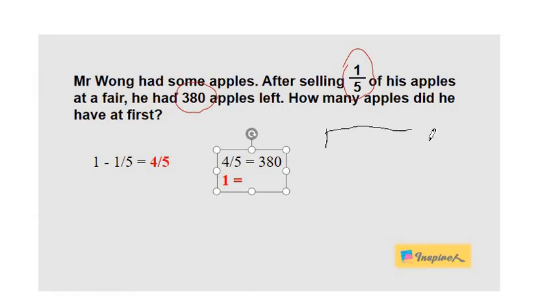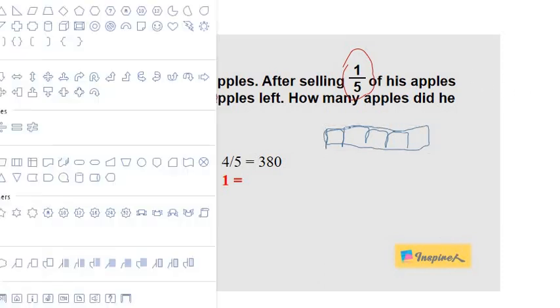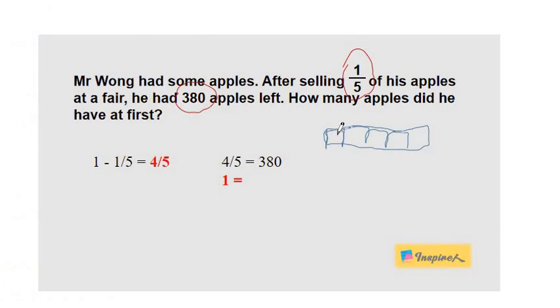So you break it up into 5 parts. 1, 2, 3, 4. Alright, we have 5. And out of this 5, 1 he has already sold. 1 out of the 5 he has already sold.